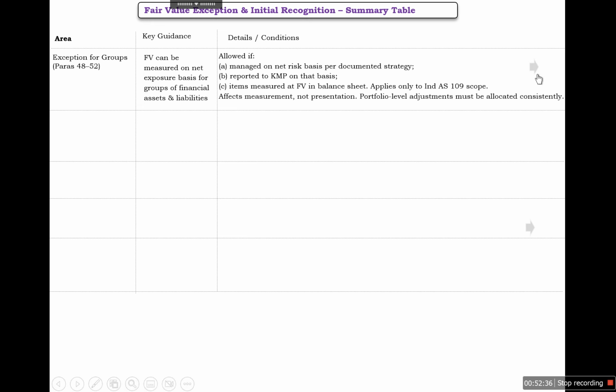For example, if a bank holds derivative assets of 100 and derivative liabilities of 90, the net exposure to the market is 10. So instead of measuring each separately, the bank can measure both assets and liabilities on a net basis of 10. But it is allowed only when the risk basis is as per the documented strategy and there is a reporting pattern for the KMP.